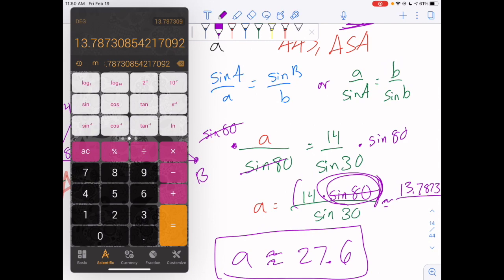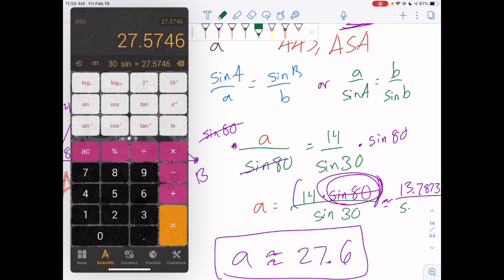So once you have that, you get equals, and then you're going to divide by sine 30, right? Just take 13.7873, divided by sine 30, and you should get the same answer, okay?